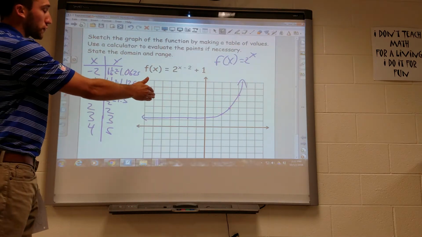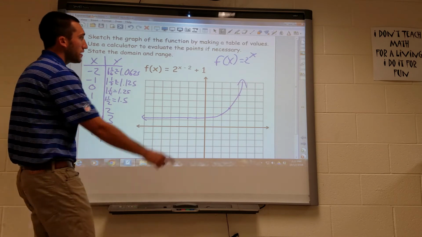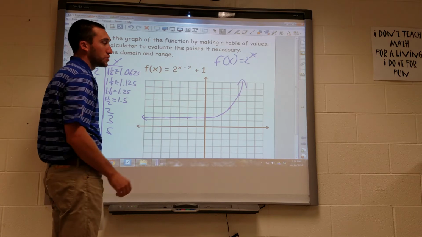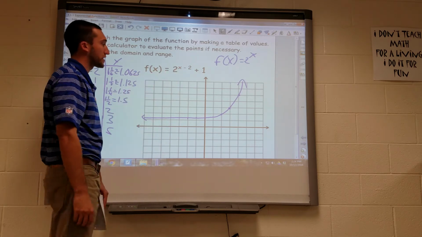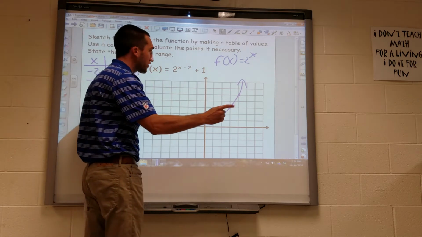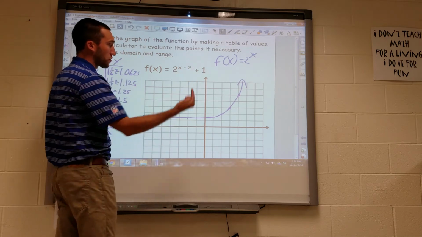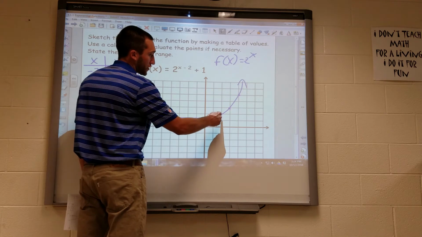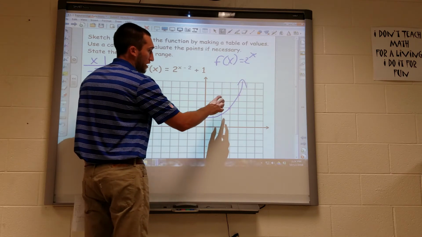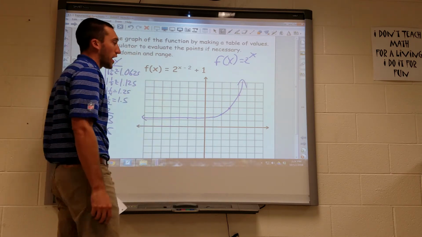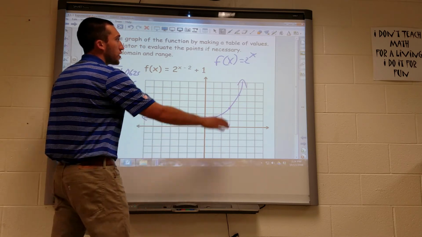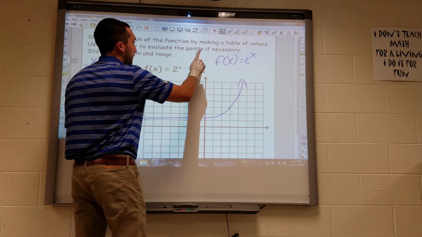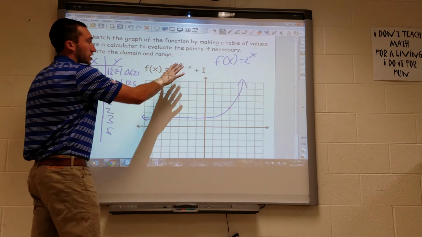So it would typically go through the point 0, 1, but just like before, our transformations, the x minus 2, since the minus 2 is included with the x, means I'm shifting right 2, and the plus 1 on the outside means I'm going up 1. So instead of 0, 1, I've shifted right 2, up 1, so now this is kind of like where it crossed the y-axis before. So as long as you know how a basic exponential graph looks, you can go ahead and graph the exponential with our transformations.